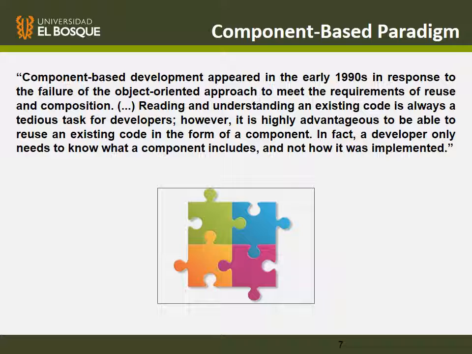Component-based development appeared in the early 90s in response to the failure of the object-oriented approach to meet requirements of reuse and composition. The goal here is to design components that behave just like the pieces of a puzzle, in order to use them in different places and to mix them with different pieces, or in this case, different components.